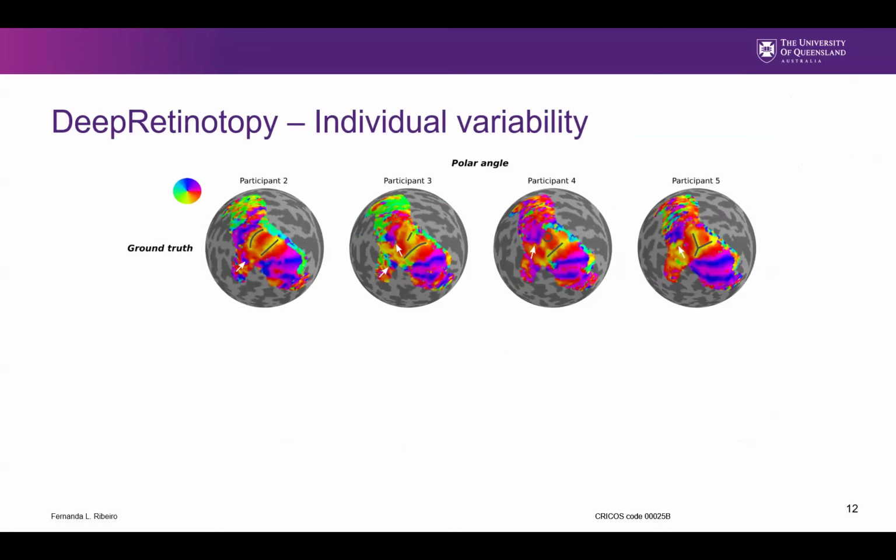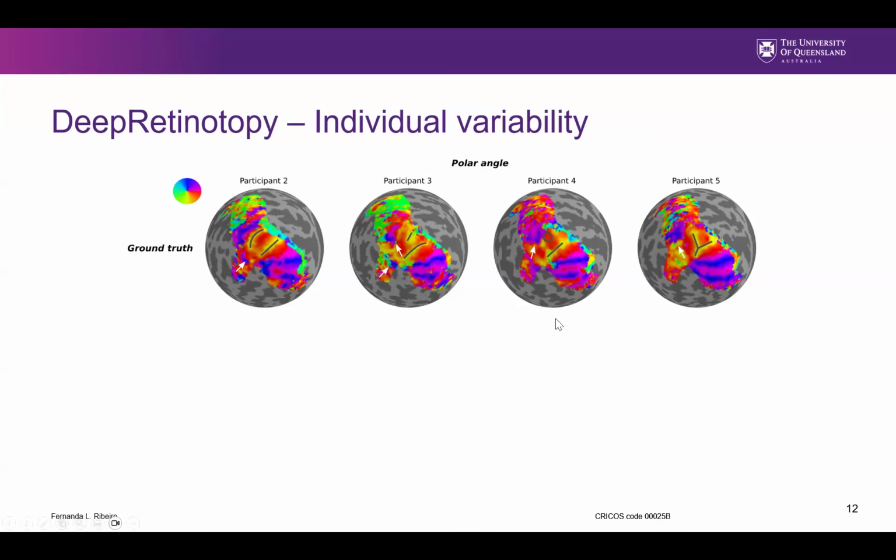So like Noah was saying before, the subject he was showing had this very strange Y-shaped representation of the lower vertical meridian, the yellow color on here. And we actually see one individual that has that Y-shaped representation. And these are all left hemispheres.